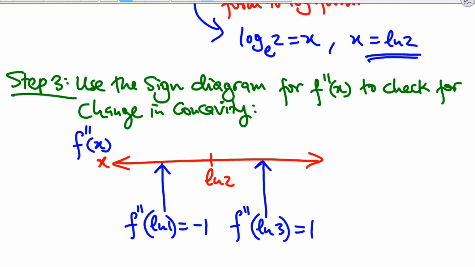So we have those, which means that on the left we have negative, here we have positive. So the sign is changing, which means this point x equals ln2 is a point of inflection.